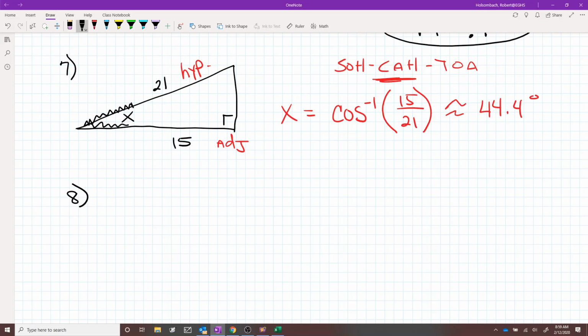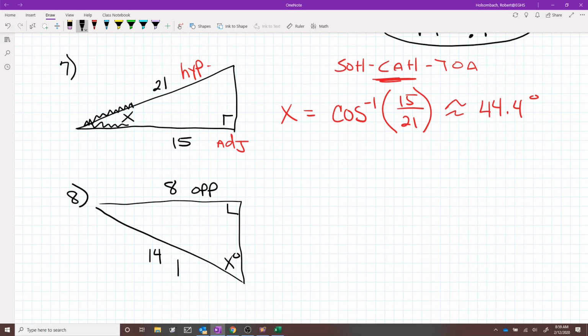Number 8 right below it. You're finding the measure of x again. In this case, in relation to this angle you're trying to find, you're working with the opposite and the hypotenuse.